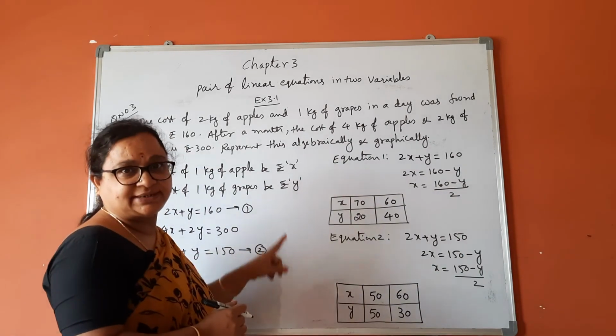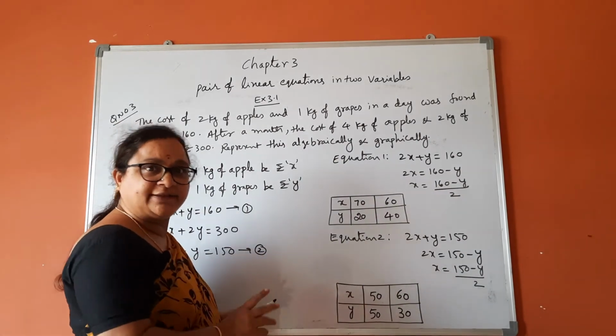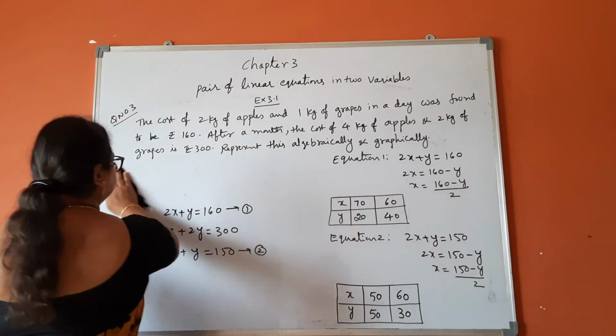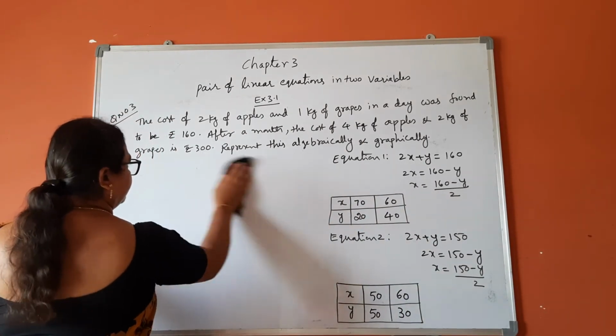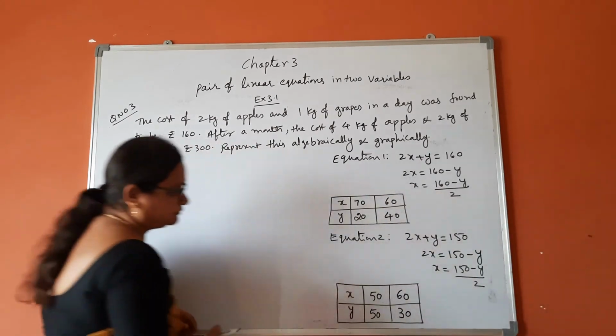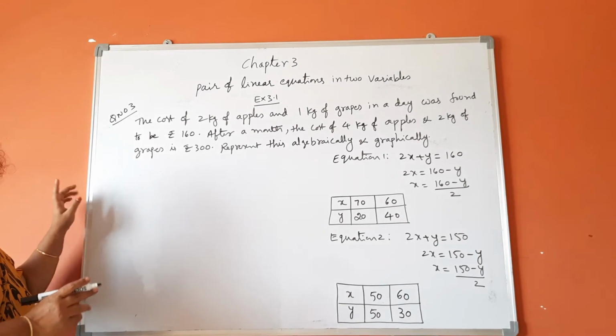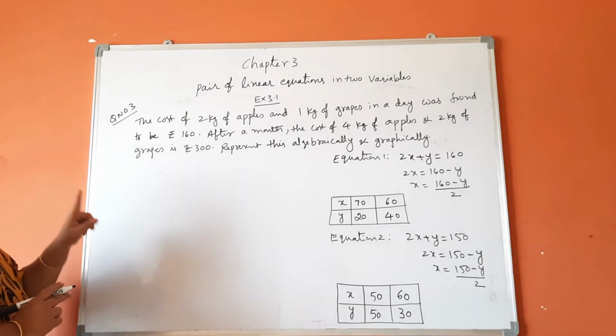Now our solution set is ready. We need to plot on the graph sheet. So both x and y are positive. We need only first quadrant.